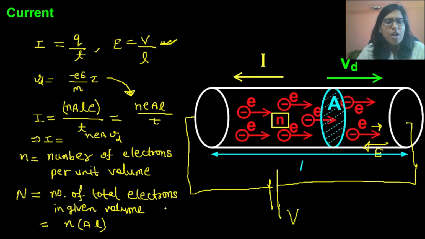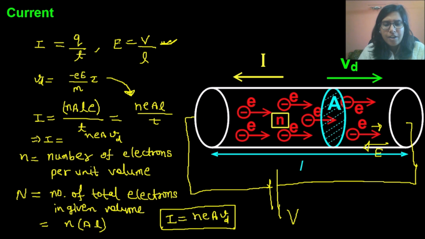So the formula of I is neA Vd. Remember, n is the number of electrons per unit volume, not the total electrons. So remember this formula also.